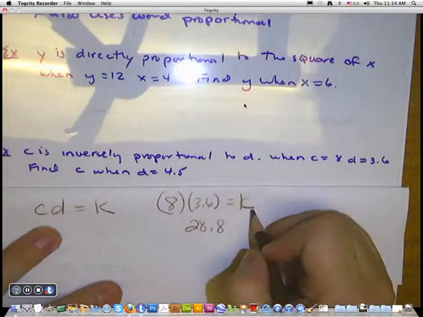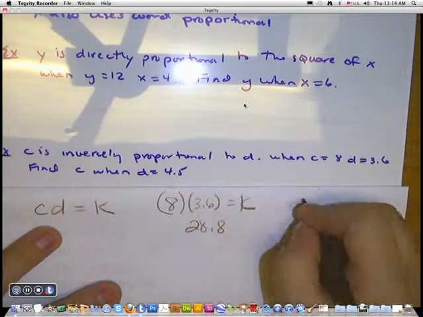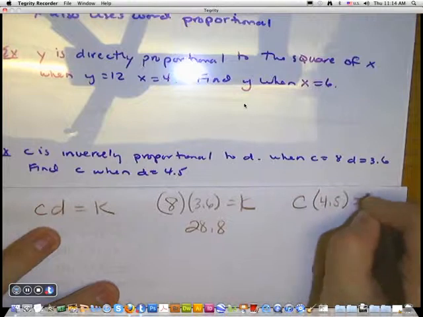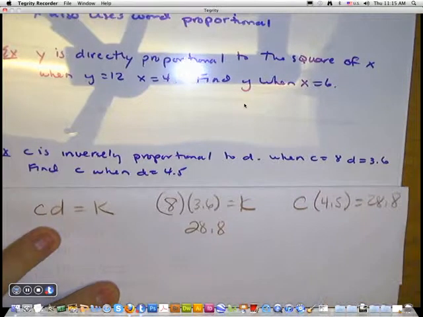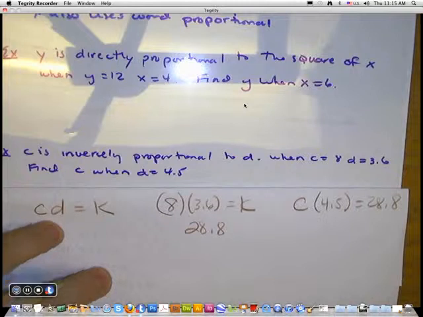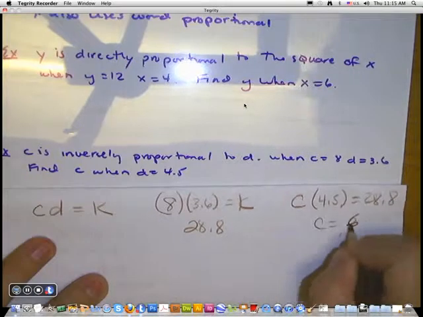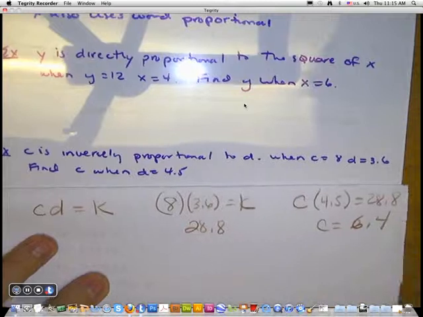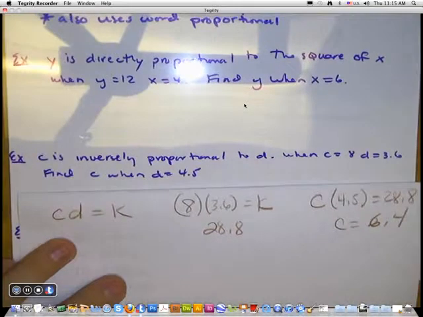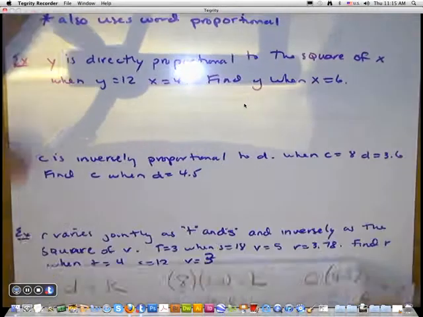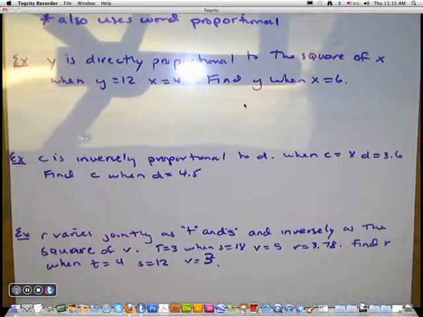Now we're going to use the K to find C when D is 4.5. Divide by it. We get C is 6.4. Okay. Next.